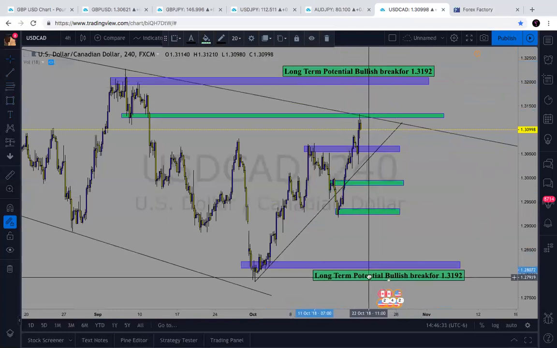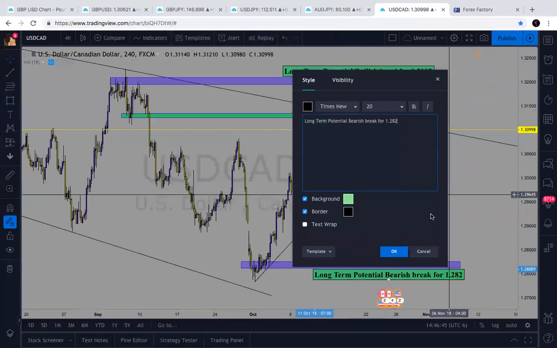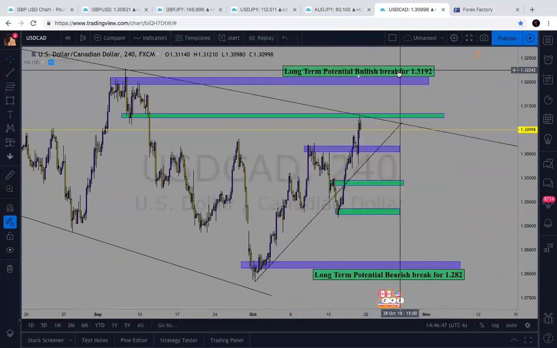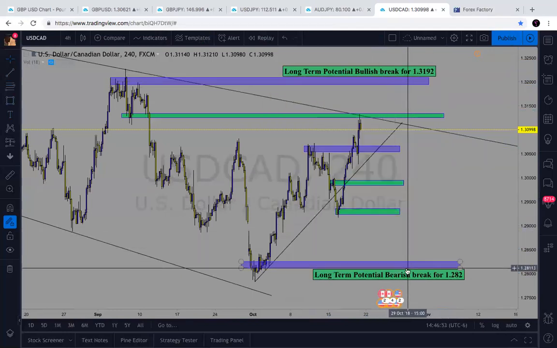Short term. Long term. Yeah, this is what we're looking for this week and long term.